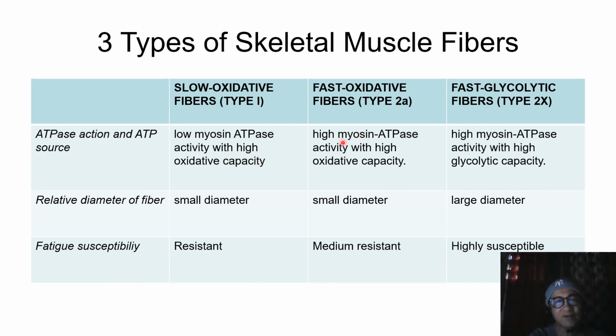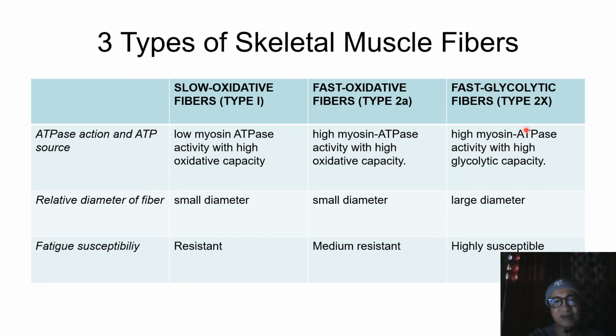And then you have fast oxidative fibers with high myosin ATPase activity. Therefore, they are very fast muscles with high oxidative capacity. They have small diameters and therefore are also thin muscle fibers with medium resistance to fatigue, again because of high oxidative capacity with lots of ATP available.